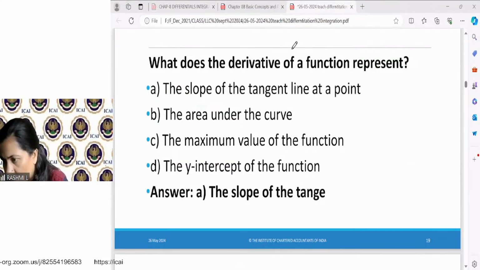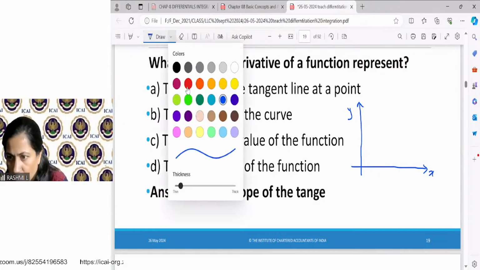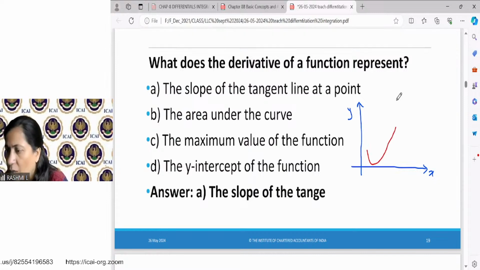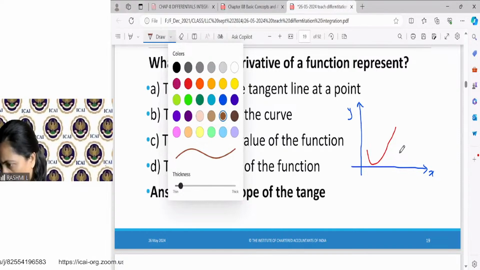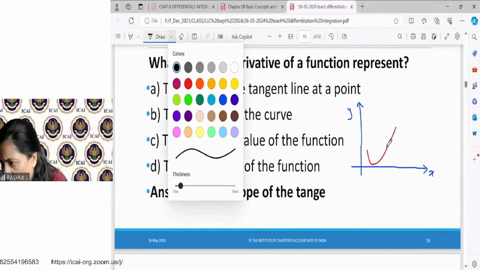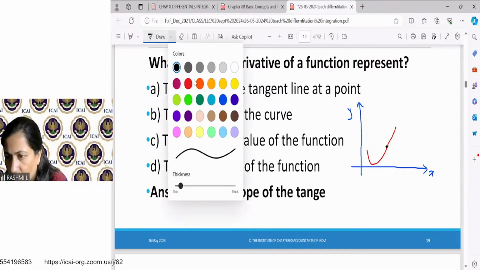So suppose this is my y-axis and this is my x-axis, and let's say I have such a type of curve, and I want to find the slope of the tangent here.